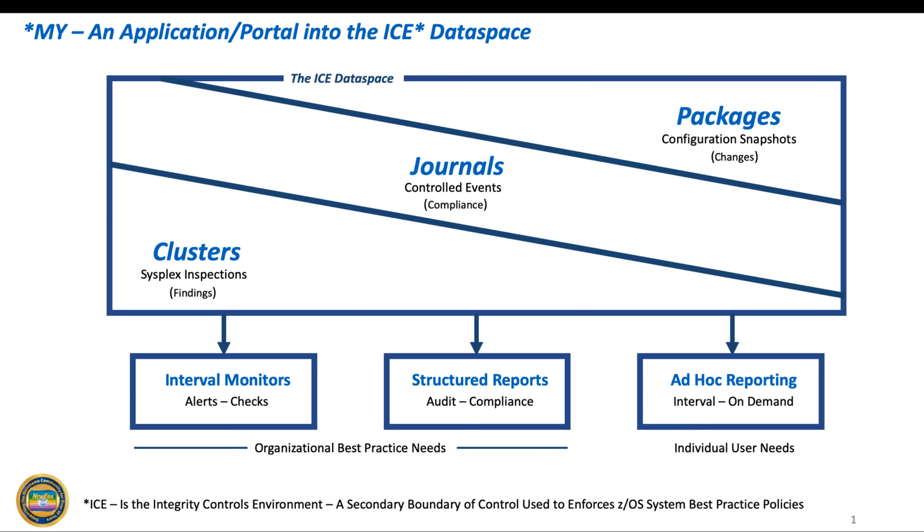The journals continuously monitor and record what we refer to as controlled events. They can include backups, they can include changes to defined data sets or Unix files, and essentially they help us with being able to report audit events and compliance events.